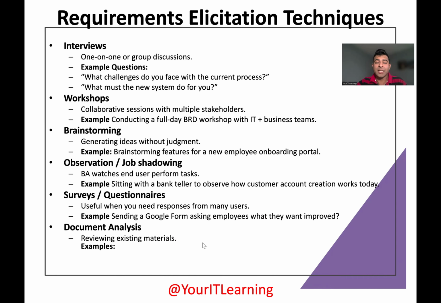The last is documentation analysis. So reviewing existing material, for example, current SOPs, user manuals, and legacy system screenshots. You're reviewing the current documentation to understand the pain points, so what are the things we should work on changing or improving.